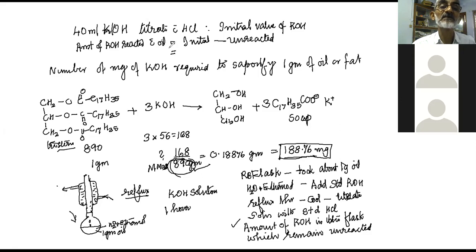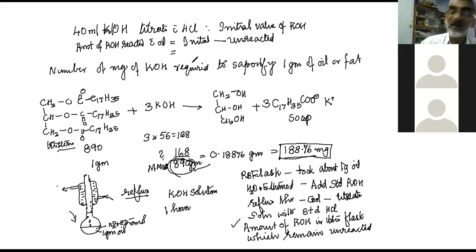You convert that into grams; since you have taken 1 gram, you divide it by the amount of substance you have taken and find out how much 1 gram will require. If you express it in milligrams, and if you started with exactly 1 gram of oil, the amount of potassium hydroxide which you have calculated from this titer value will be the saponification value.